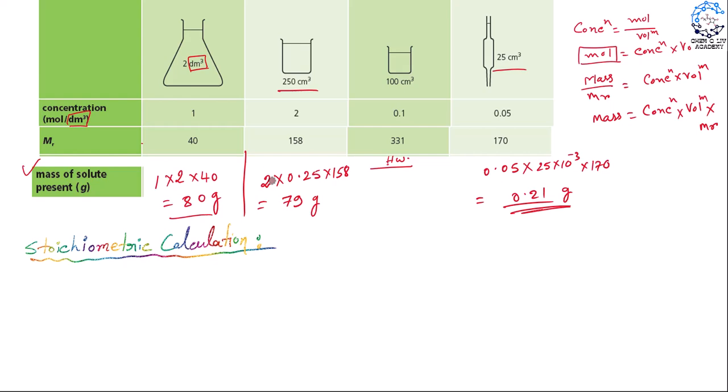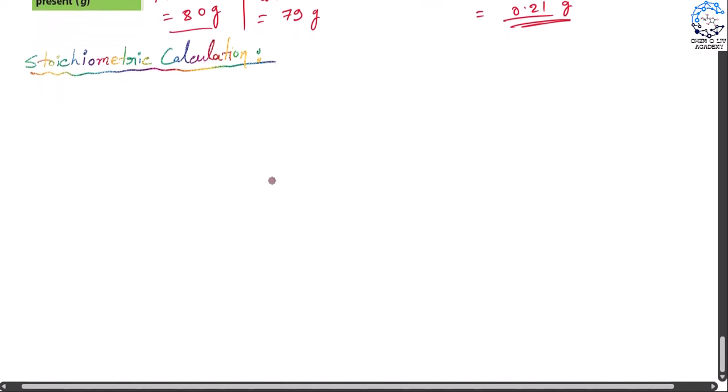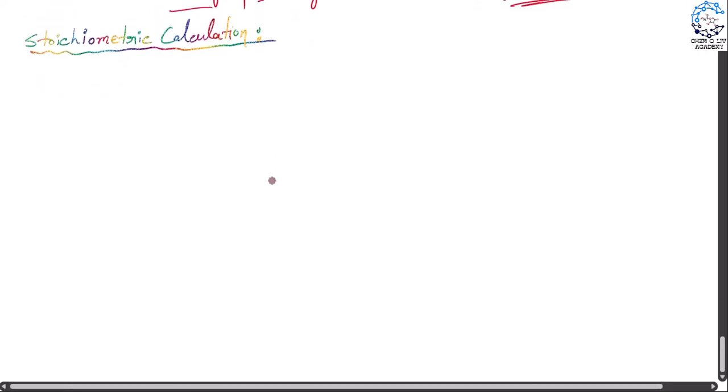Hi, so far we have studied how to calculate the moles from the concentration, and how to calculate the gas volumes. Now we are going to see the most interesting application of mole calculation, which is stoichiometric calculations. Stoichiometric calculations means, let's say I have 6 gram of carbon.